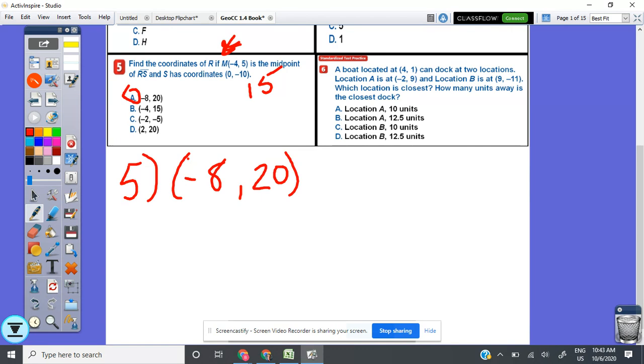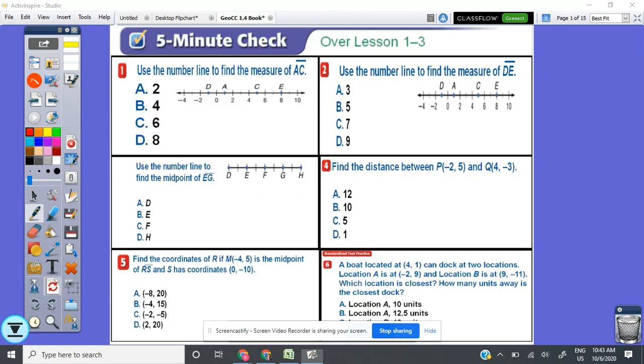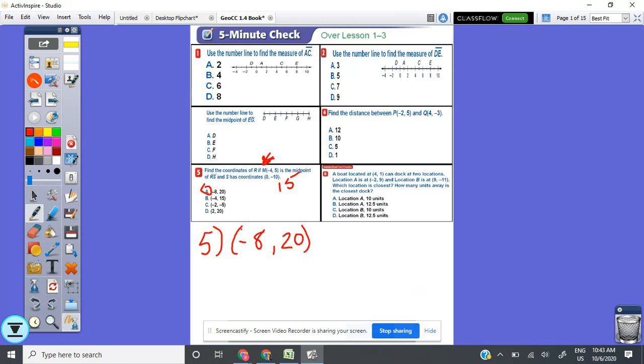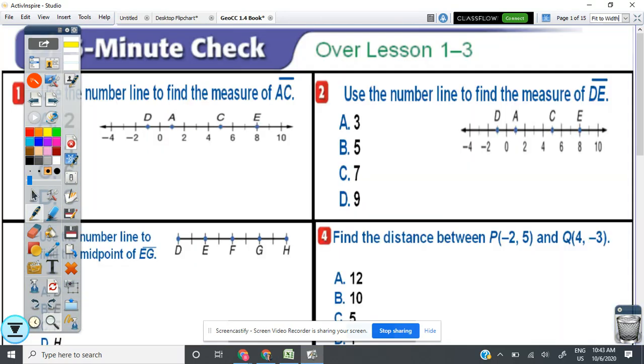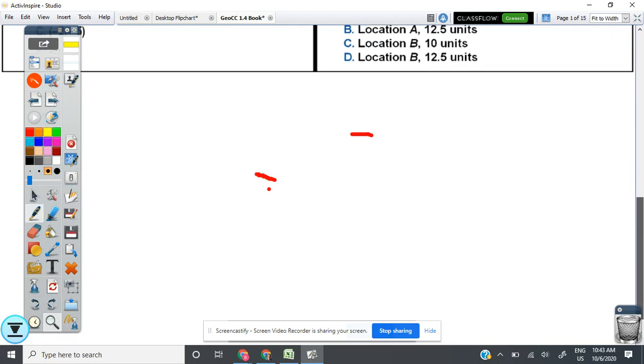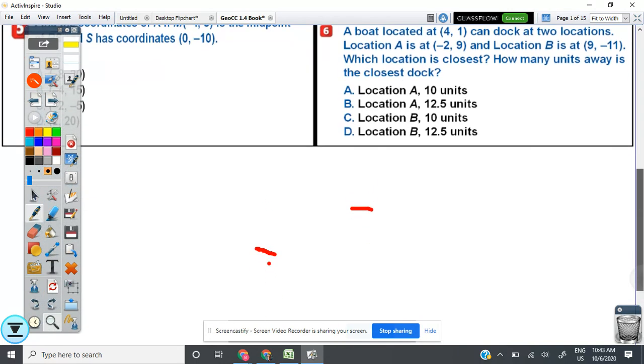Okay, number 6 takes a ton of work. Okay, so we have A and B. Which is the closest?